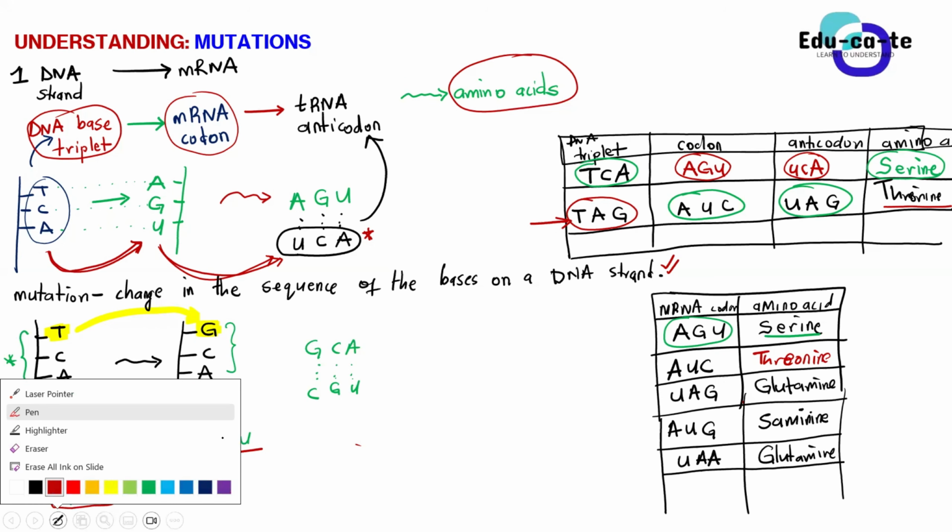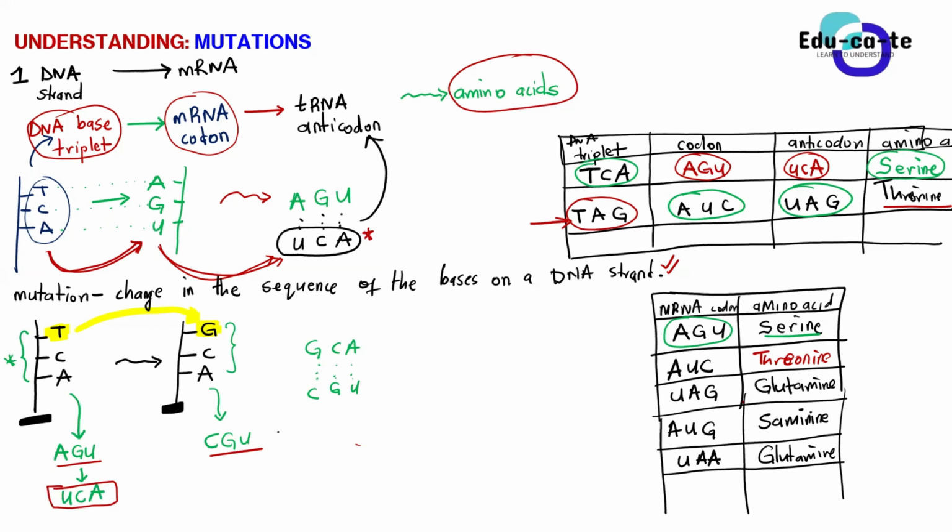But now let's look at the new one. Using this new mRNA codon CGU, what anticodon can we produce? GCA. Do you guys see that the anticodon will be different? So basically, a change in the sequence of the bases, or any type of mutation, results in a different codon and a different anticodon.